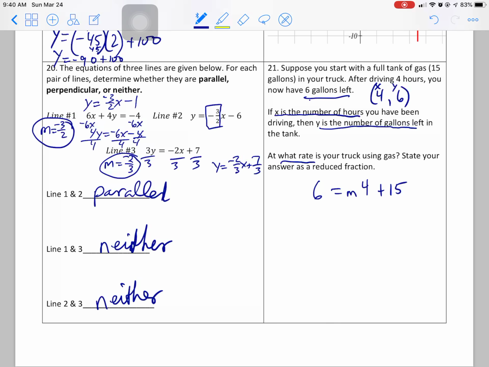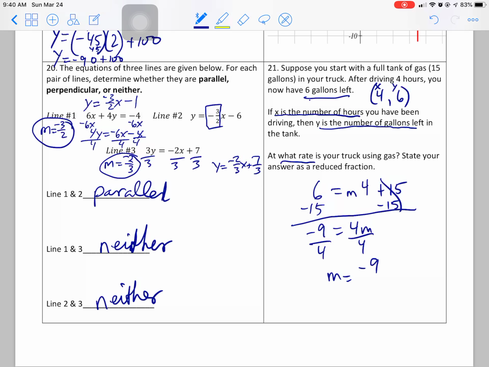So let's see. I need to solve for M, so I need to get M alone on one side. So let's subtract the 15. Now, M4 looks weird. Can we turn it around to 4M? And then this is negative 9, and we divide by 4.